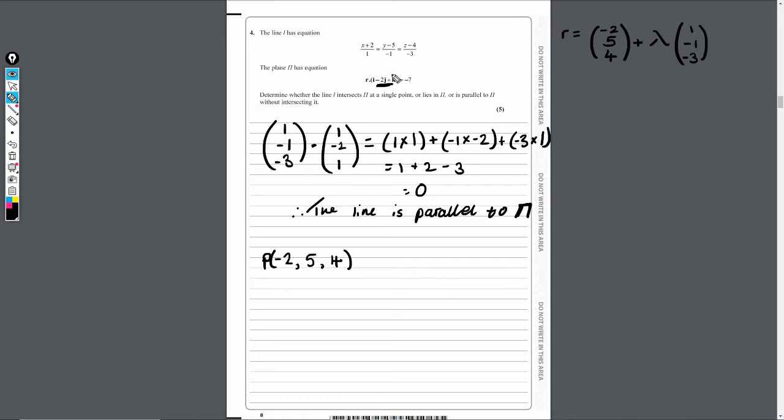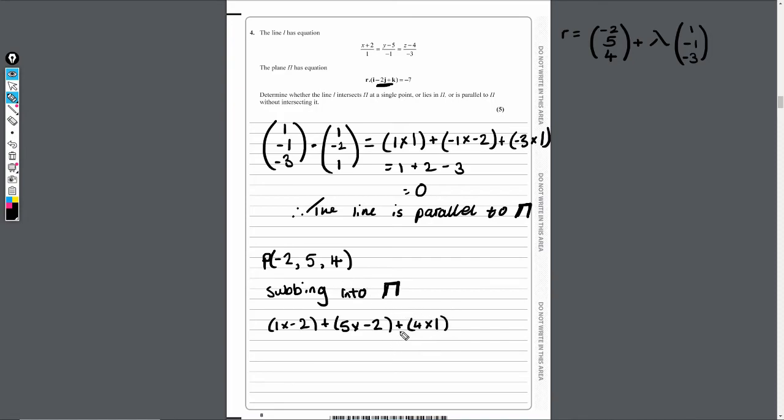So, subbing into the plane now, that's going to be 1 times minus 2, plus minus 2 times 5, and then finally 4 times 1.